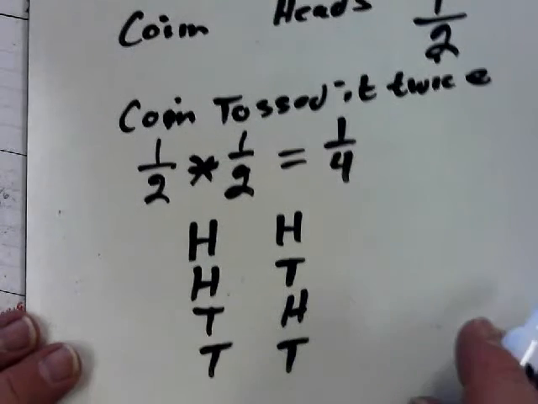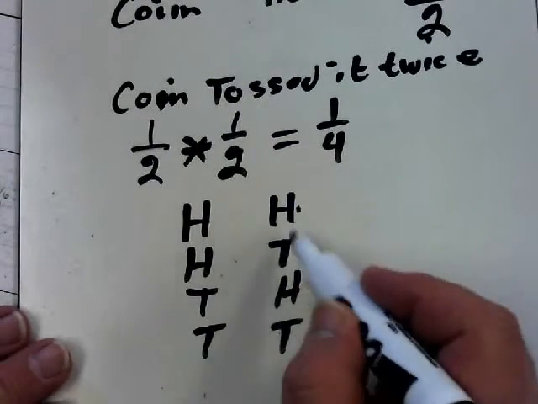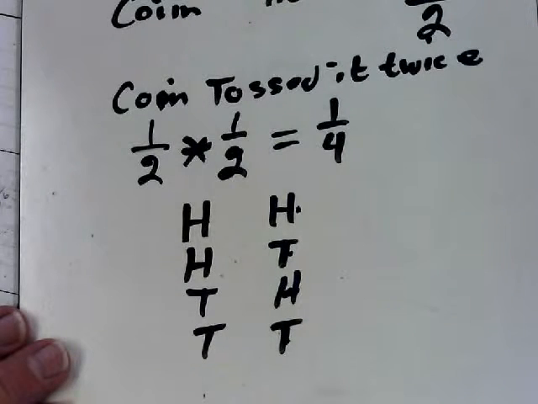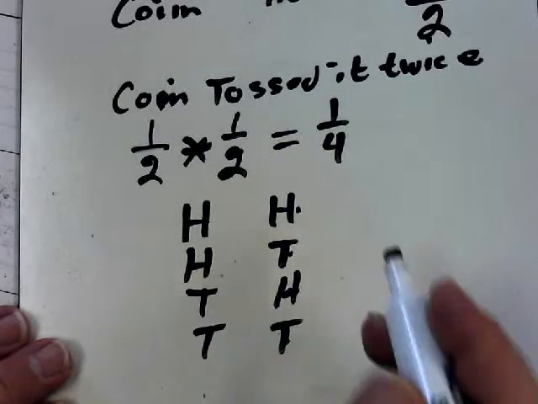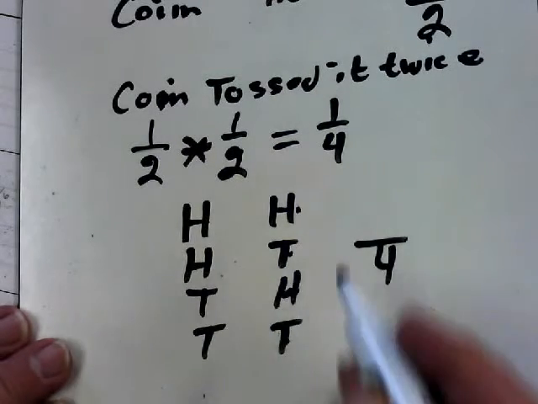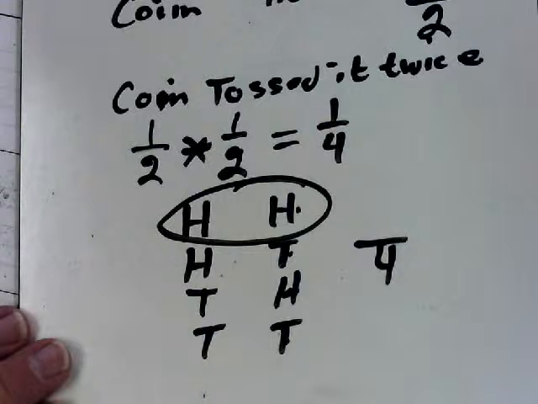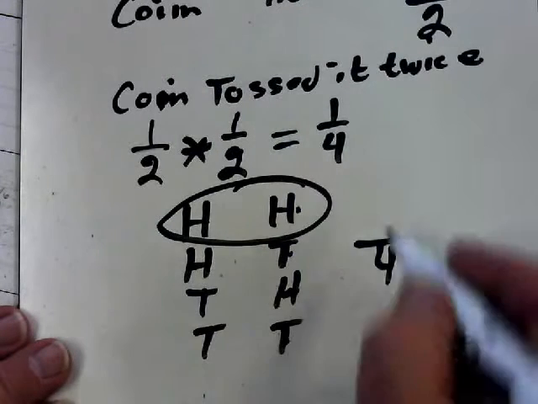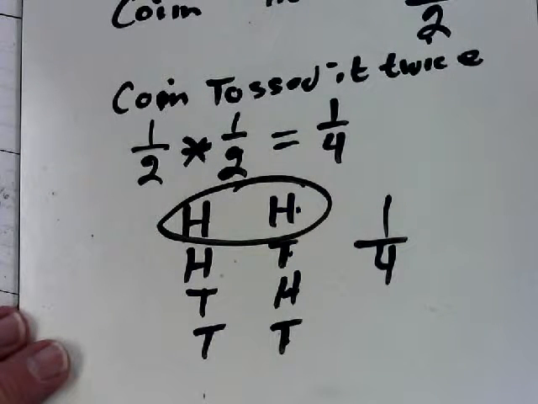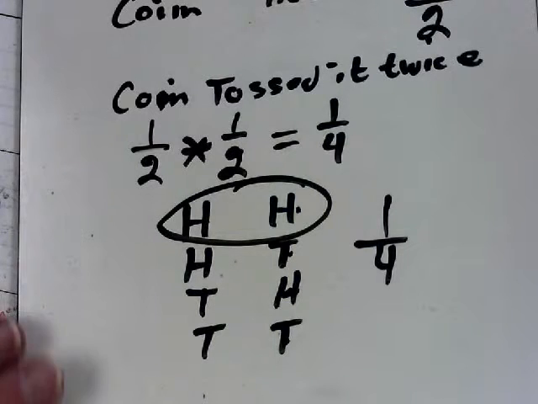How many total outcomes do I have? 1, 2, 3, 4. I actually have 4 total outcomes, and I wanted a head and a head. There's only one of those, right? So I'd have 1 out of 4. That would be another way of showing it by a diagram. Okay?